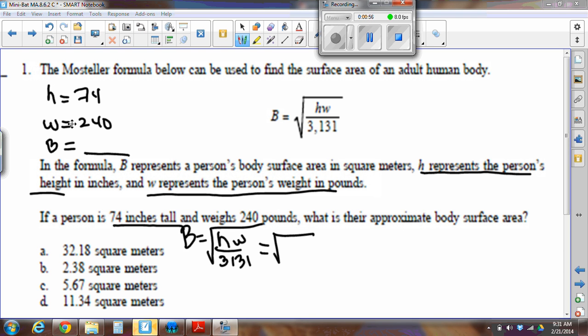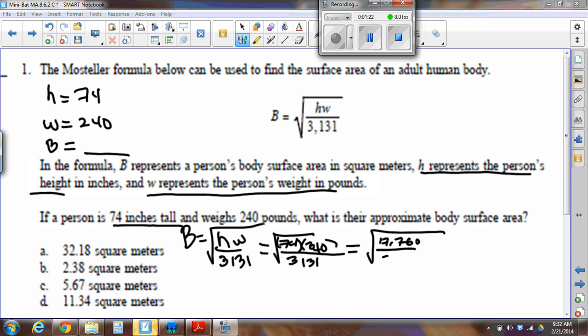So from there, the next step is to plug in the useful information. So 74 times 240, and divide that by 3131. And when you do that math, first step is to multiply those two numbers. 74 times 240 gives you 17,760.